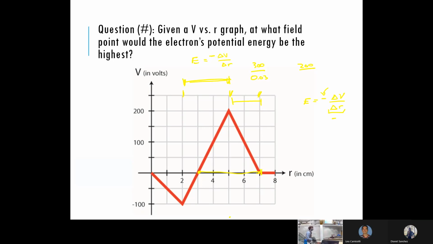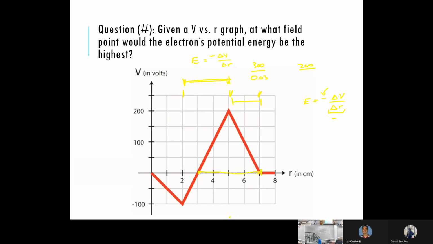So when you said the electric field is the highest where we have the steepest slope, is that all the way from 2 to 7, or is it 2 to 5 and 5 to 7? I was ambiguous with my question.